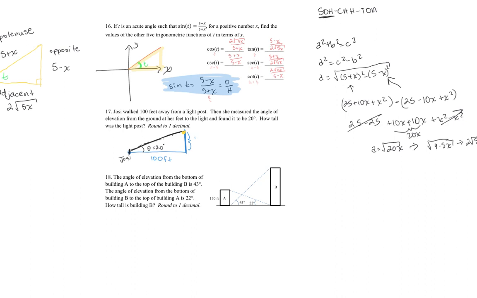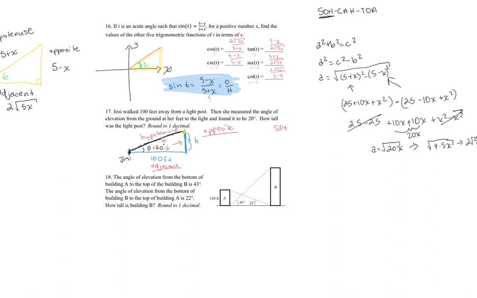So this is our H. That's what we're looking for. So if you notice, according to this angle that we have here, we know this is our adjacent side. We know this is our opposite side. And we know this is our hypotenuse. And we're looking for our opposite, and we know our adjacent.